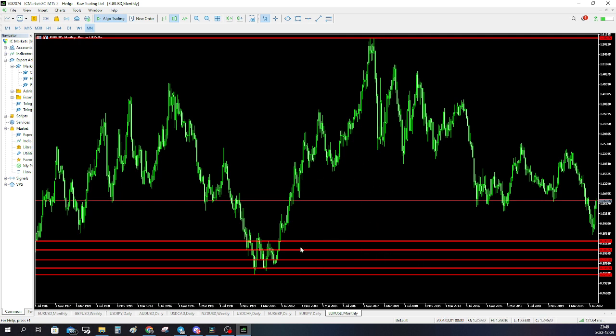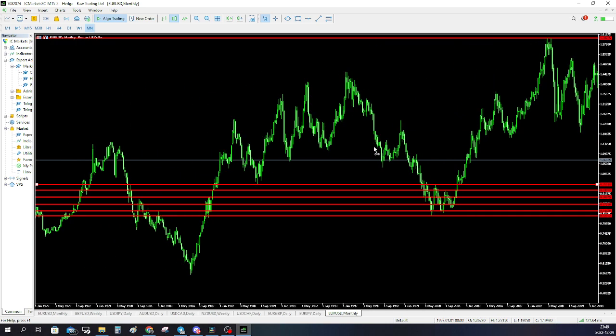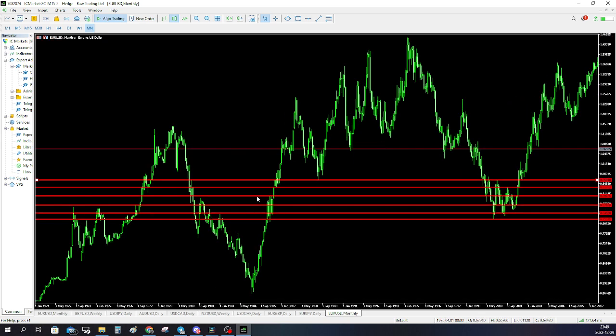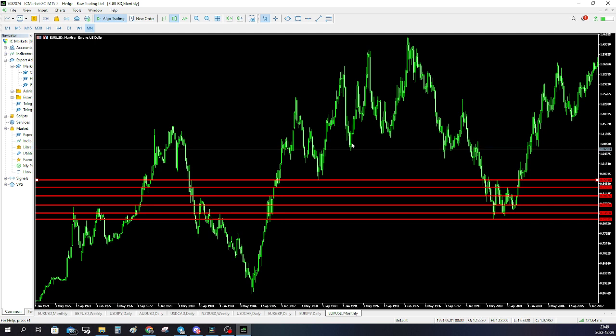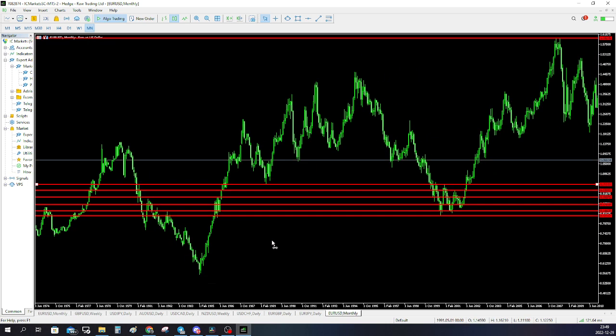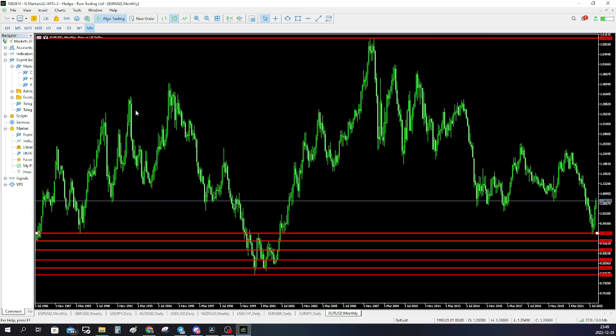Well, this was just an example of how I do it, and then I just keep doing it until I've reached from the bottom to the top, and then we can see if, on data like that I didn't even have when I did it, there are still areas where the market has bounced from, even if I didn't even see it when I did it. So there must be something.